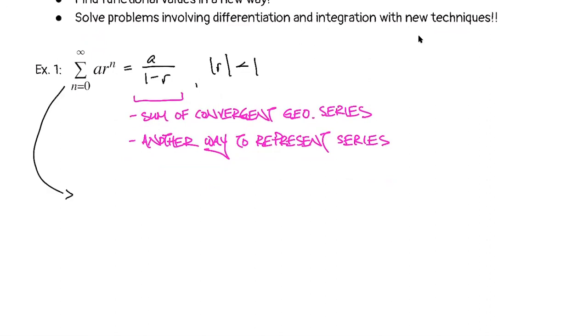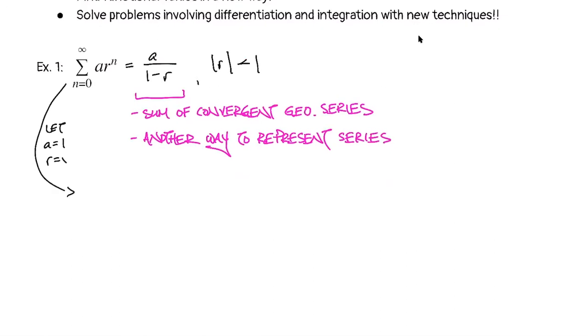What I'd like us to do is let a equal 1 and r equal x. We're going to take only the series part and let a equal 1 and r equal x.